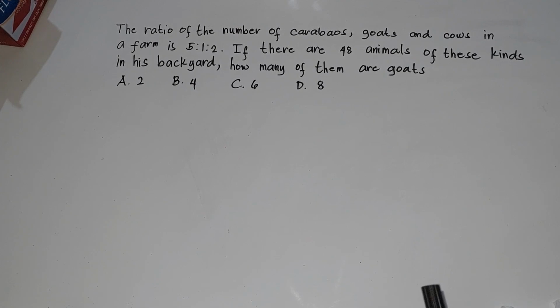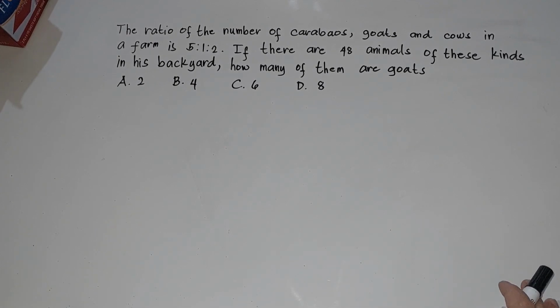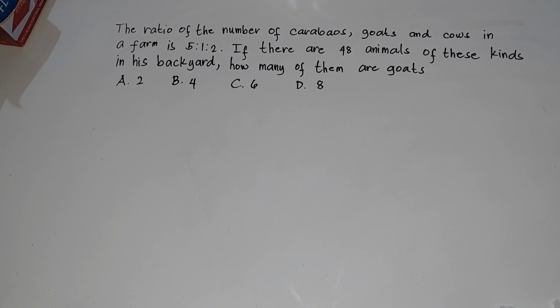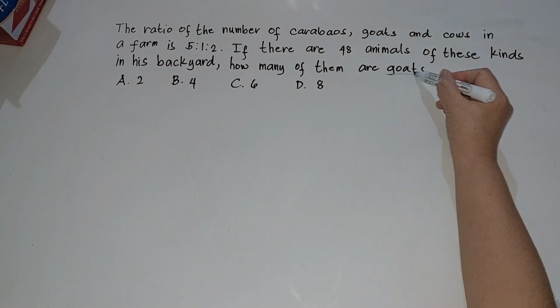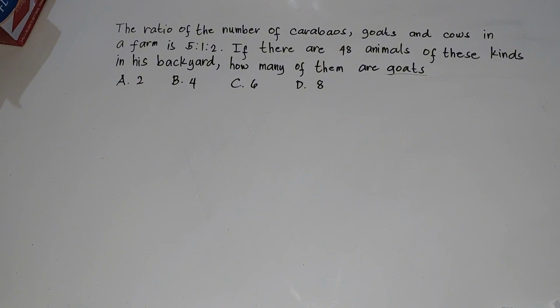Let's try another one. The ratio of the number of carabaos, goats, and cows in a farm is 5:1:2. If there are 48 animals of these kinds in his backyard, how many of them are goats? So what is asked in this problem is the number of goats.